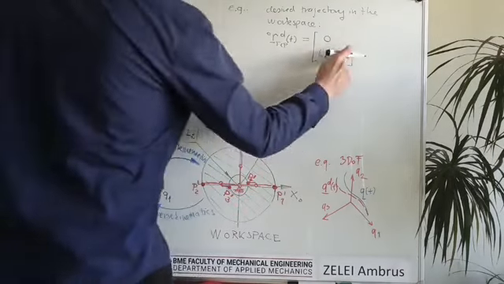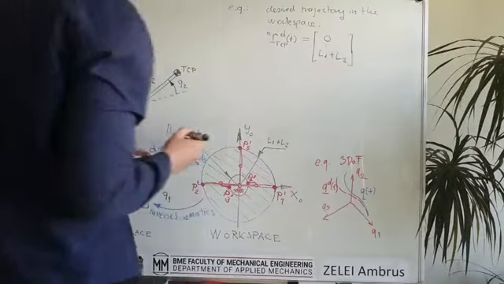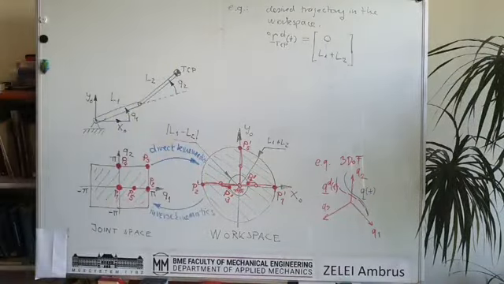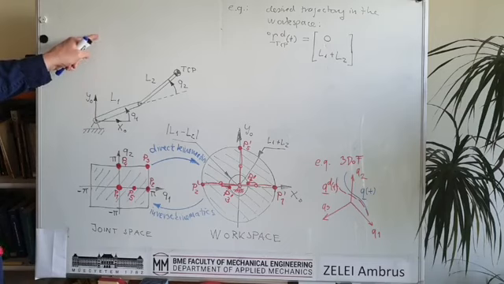Okay, so it means that this robot has to be in this vertical position, because in x direction this is 0 and in vertical direction this is L1 plus L2.